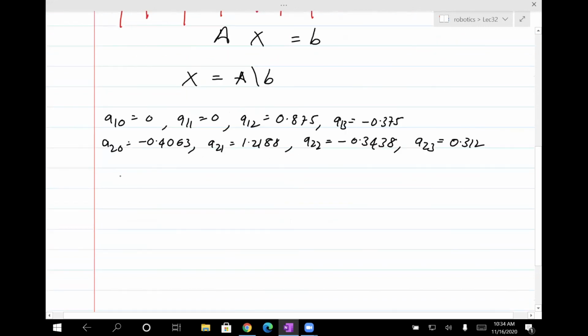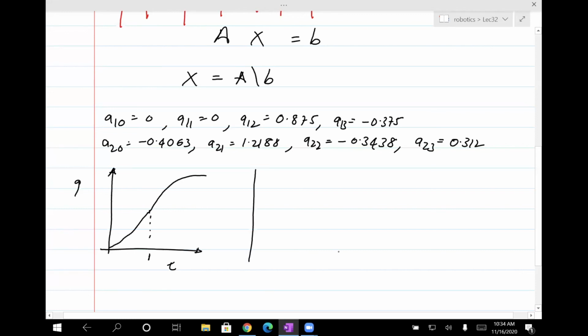So if you use these values to make plots of q versus t, then you see something like this. Okay, this is about 1.